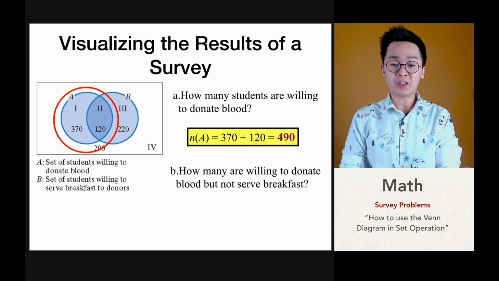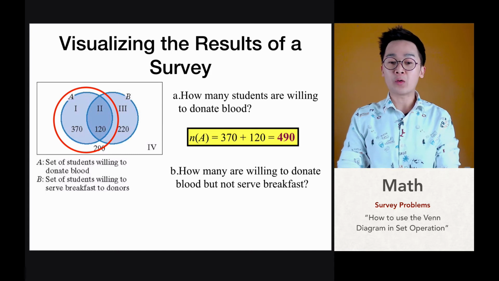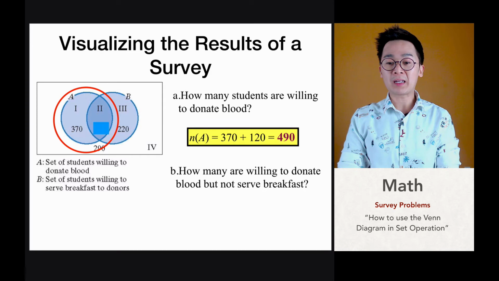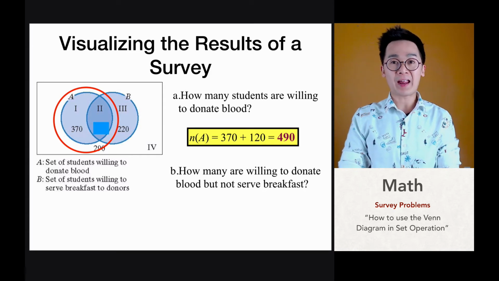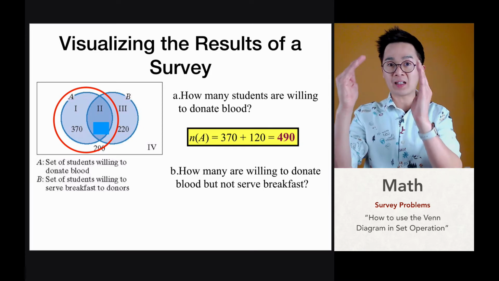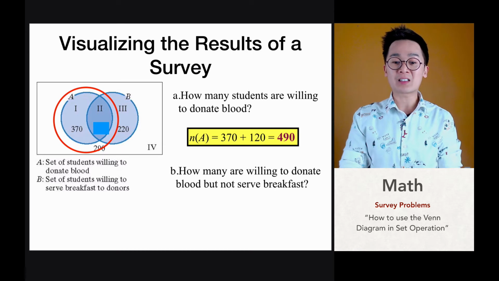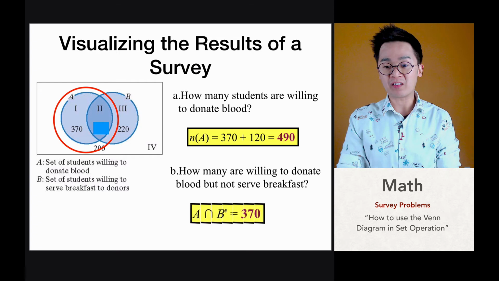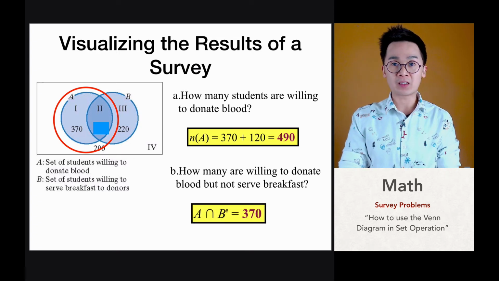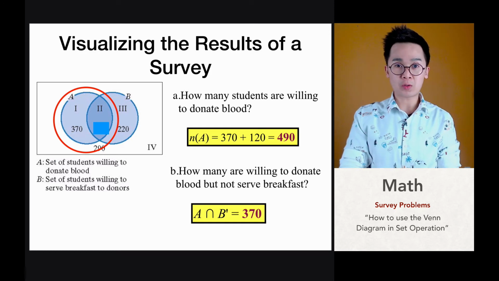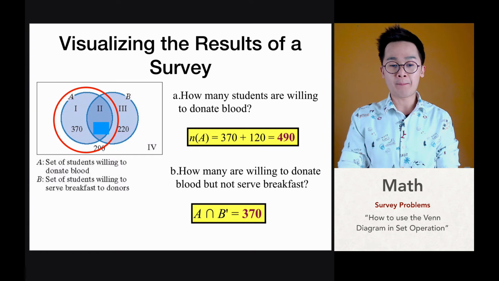So the students willing to donate blood but not serve breakfast would be in group A, not including the intersection of A and B, because we're just finding the total number of students exclusive to donating blood but not serving breakfast. In this case, we're counting the subset A intersection B complement, which is equal to 370 students, or group number 1.